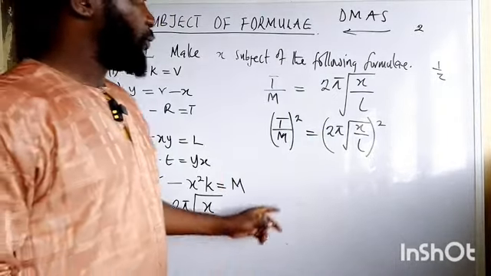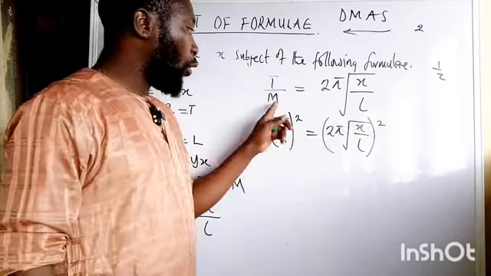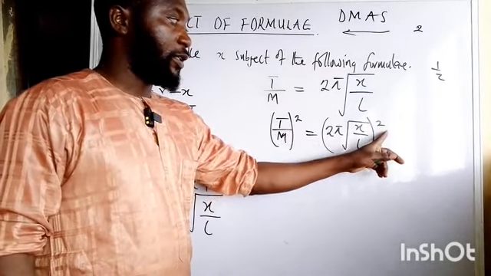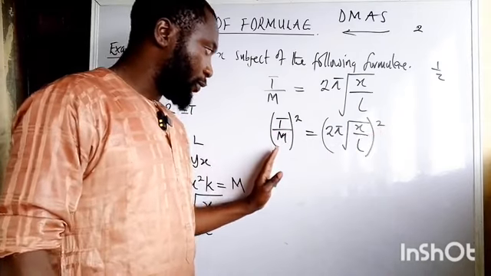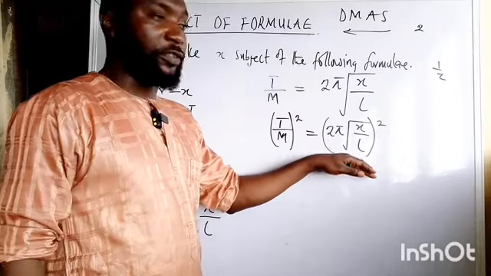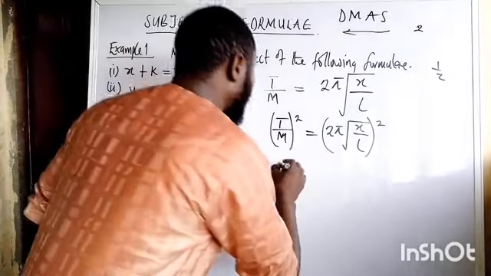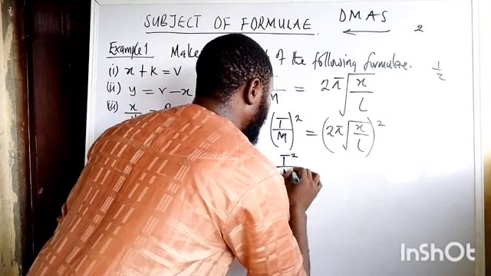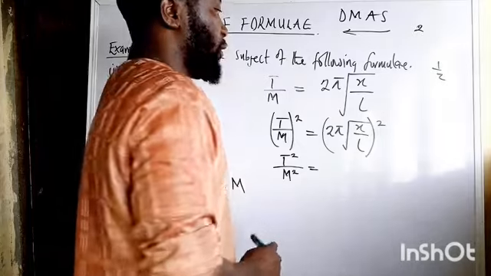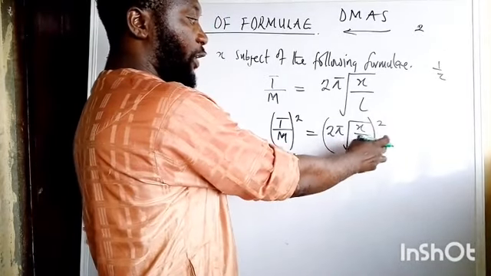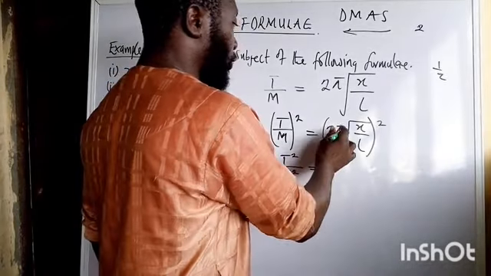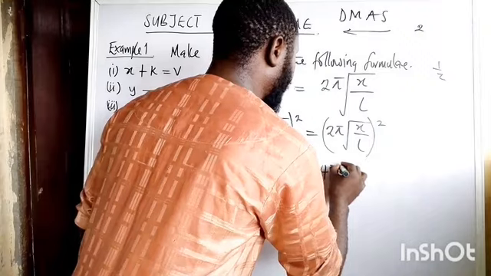Now, all that you have inside the square root will be affected by this square. Now, this becomes T squared divided by m squared equals, since the square will affect everything here, the square of 2 is 4, the square of pi is pi squared.